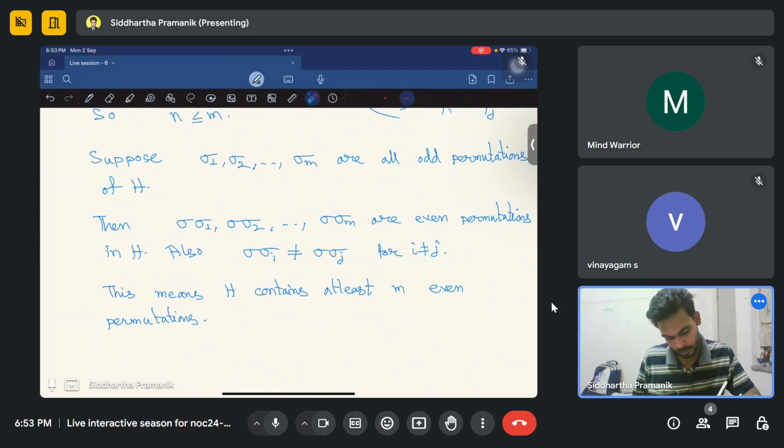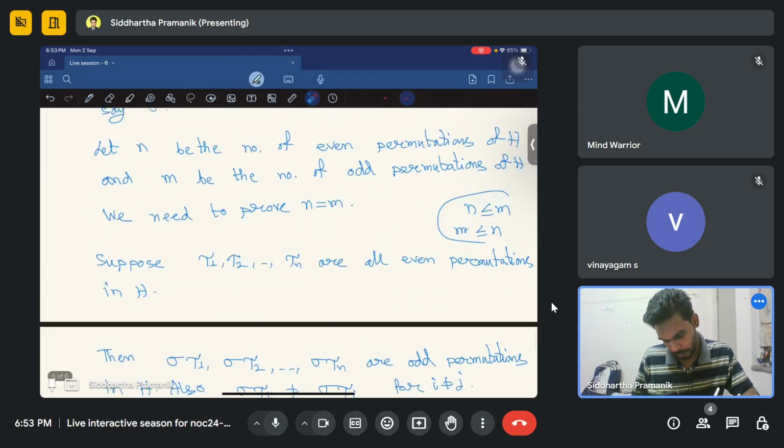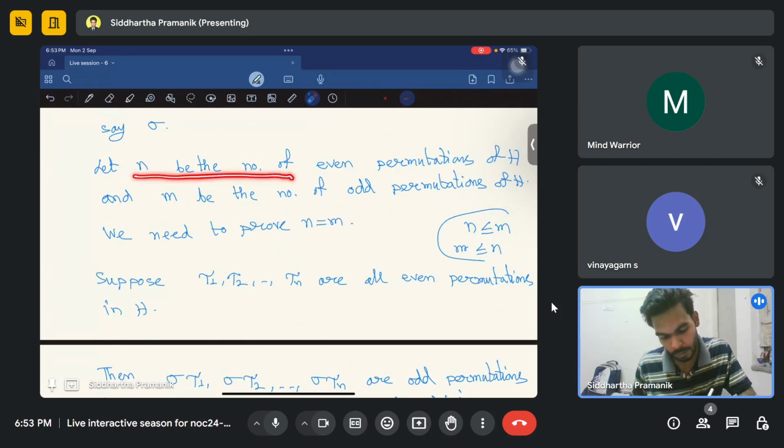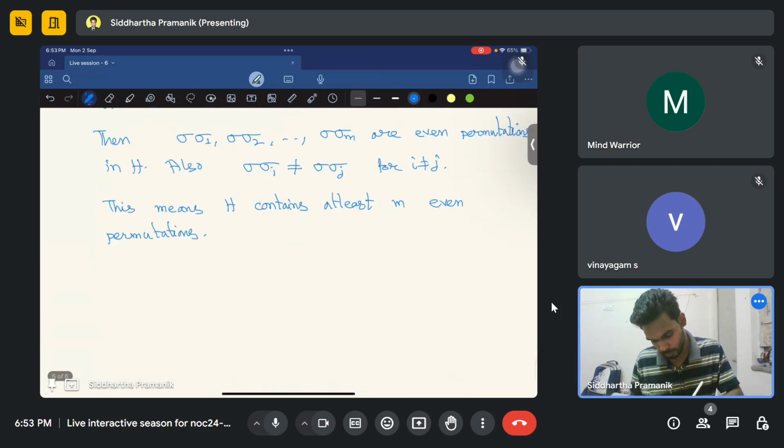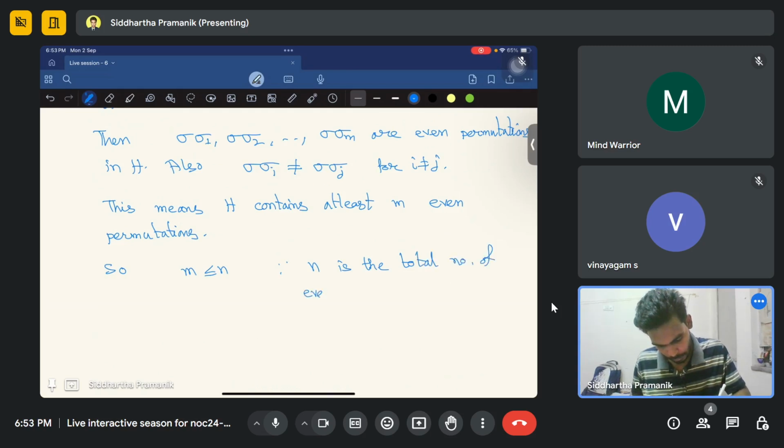But n is the total number of even permutations of H. So m should be less than or equal to n, because n is the total number of even permutations in H.